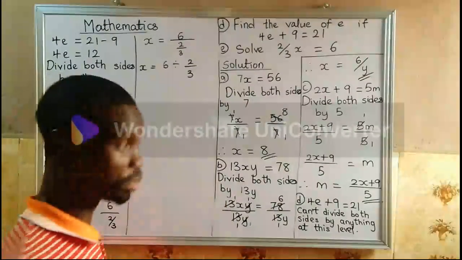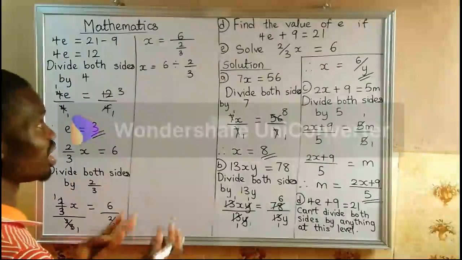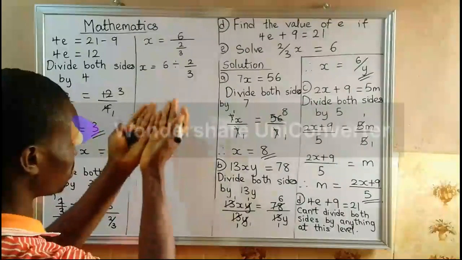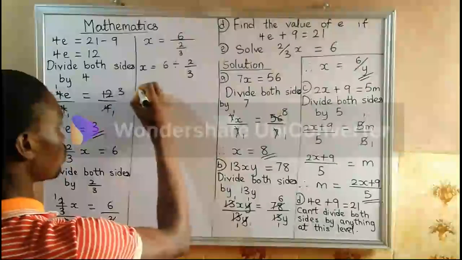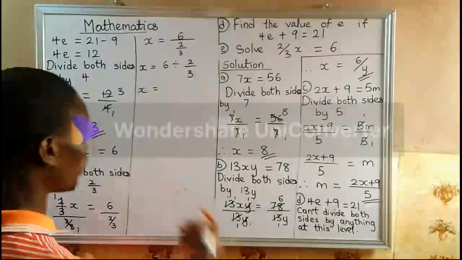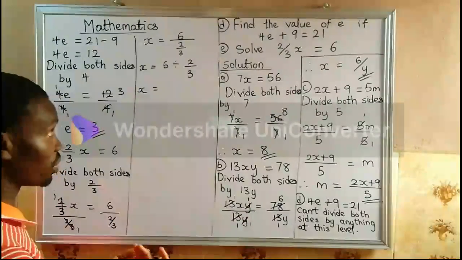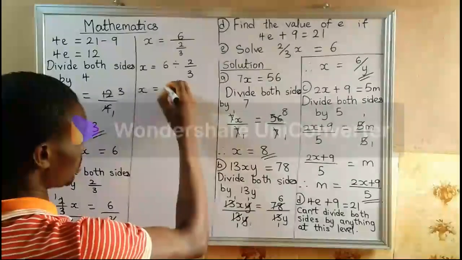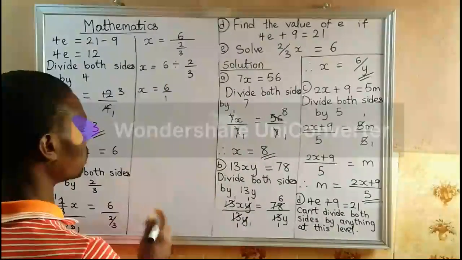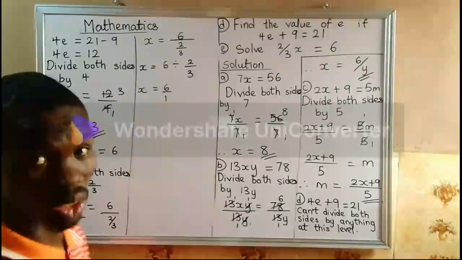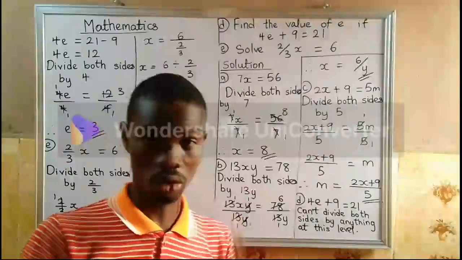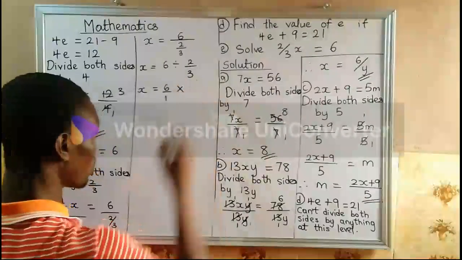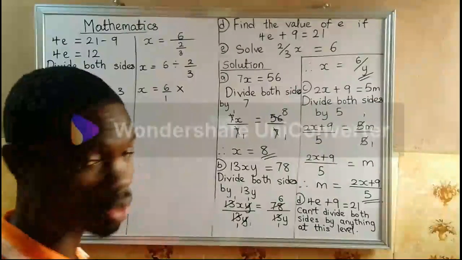Do we understand? I'm sure we do. So we can relate better with this than this. Remember I said the other time that when you are working with fractions, you make every whole number over 1. So instead of writing just 6, you make it 6 all over 1. And also, remember you don't cut with a division sign in mathematics. So you change the division sign to a multiplication sign, which you can cut with.